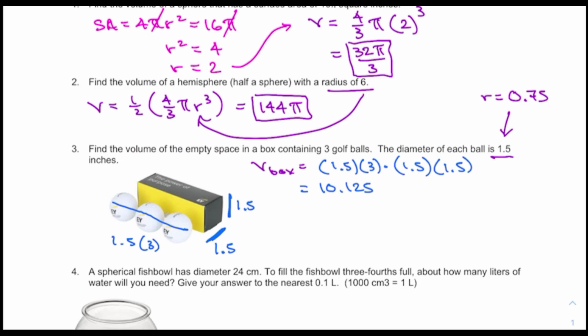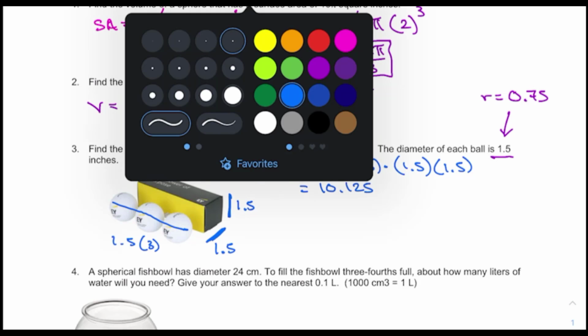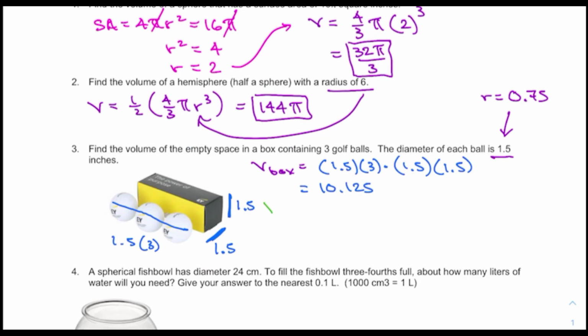Now I'll need to find the volume of these golf balls here. So the volume of the golf balls, and there's going to be 3 of them, so it's going to be 3 times 4/3 pi r cubed, and that of course is simplified.